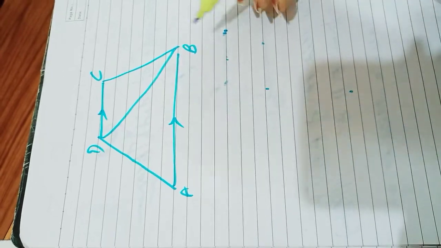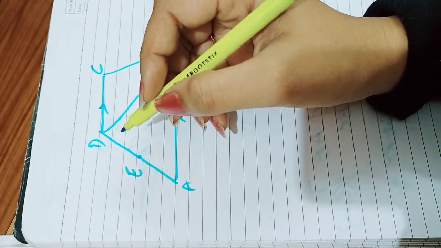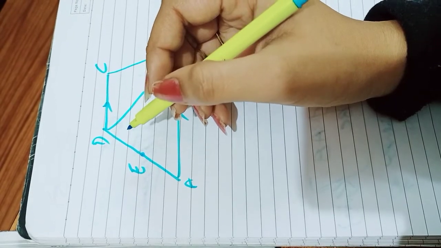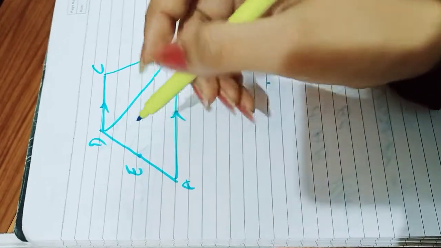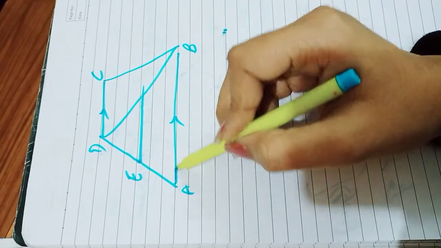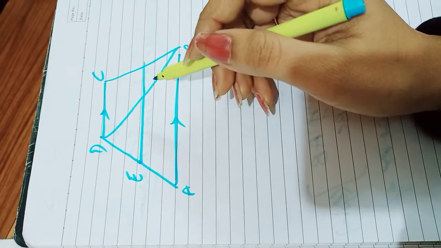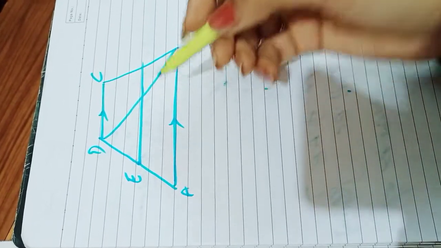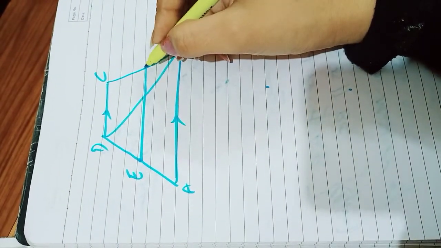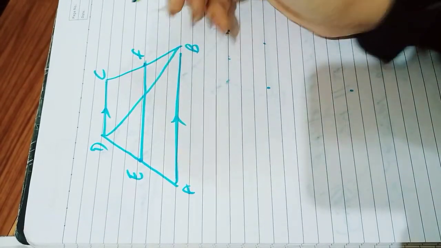E is the midpoint of AD. A line is drawn through E parallel to AB. Right? Now it intersects BC at F. Show that F is the midpoint of BC.